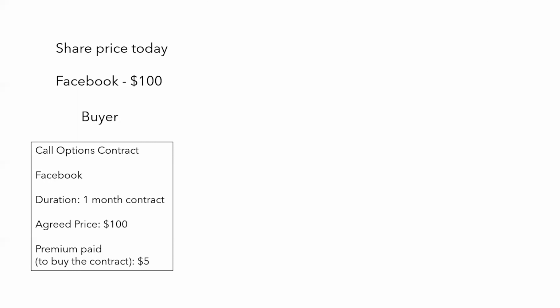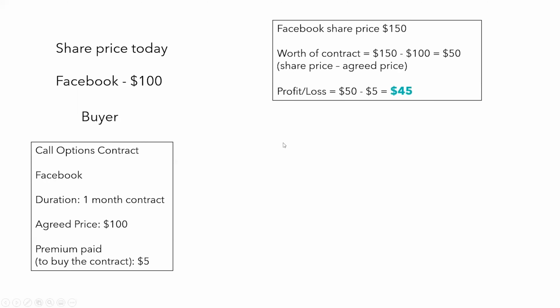Take note, as a buyer, you will need to pay some premium to buy the contract. So for example, you pay $5 just to buy this contract. Now, let's say nearer to expiry or on the expiry date, Facebook share price is $150. So what is the worth of this contract? You just do a simple calculation.